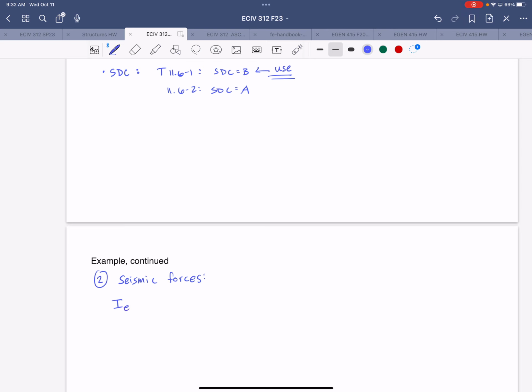At this point, we will need to know the importance factor. Our IE for risk category 2 will be 1.0, and that's just from the table 1.5-2 on the first page of the environmental loads handout, right below the risk category table.